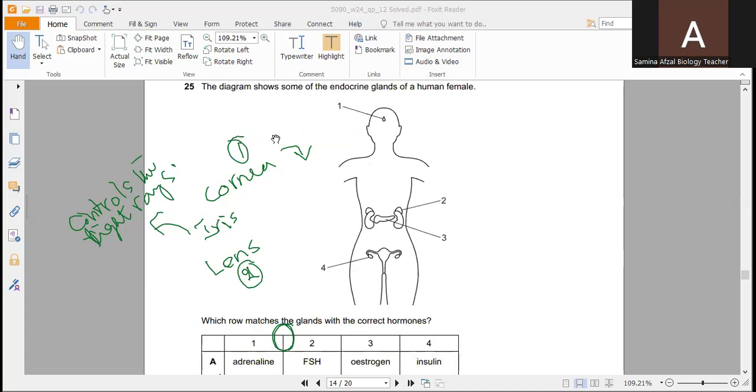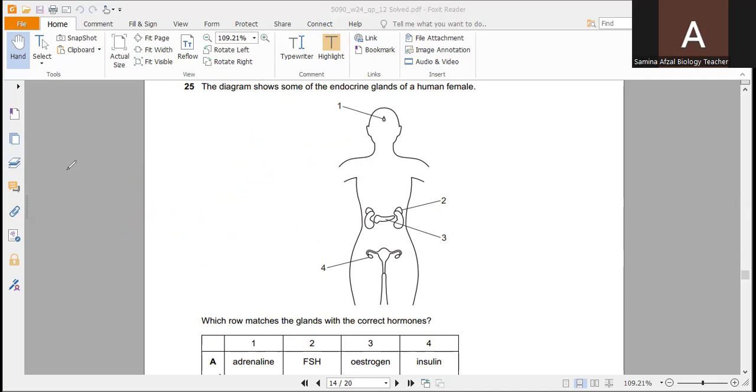Next question. The diagram shows some of the endocrine glands of a human female. At 1, there is the pituitary gland, which is present in the brain.